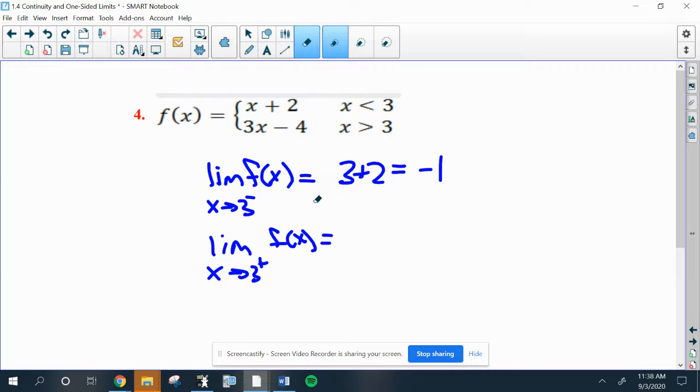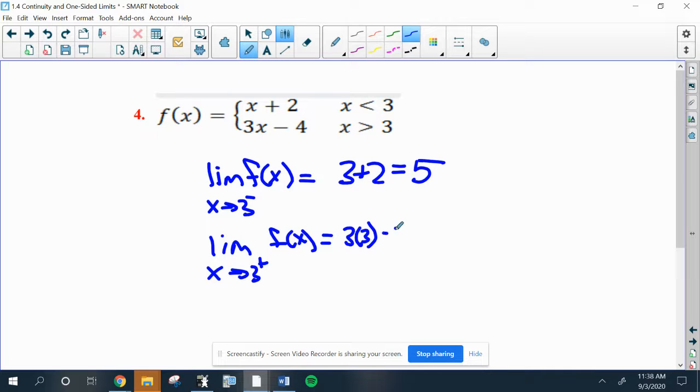When you approach 3 from the left, you get positive 3 plus 2, which is 5. Sorry about that one. When you approach 3 from the right, you get 3 times 3 minus 4, which is 5.